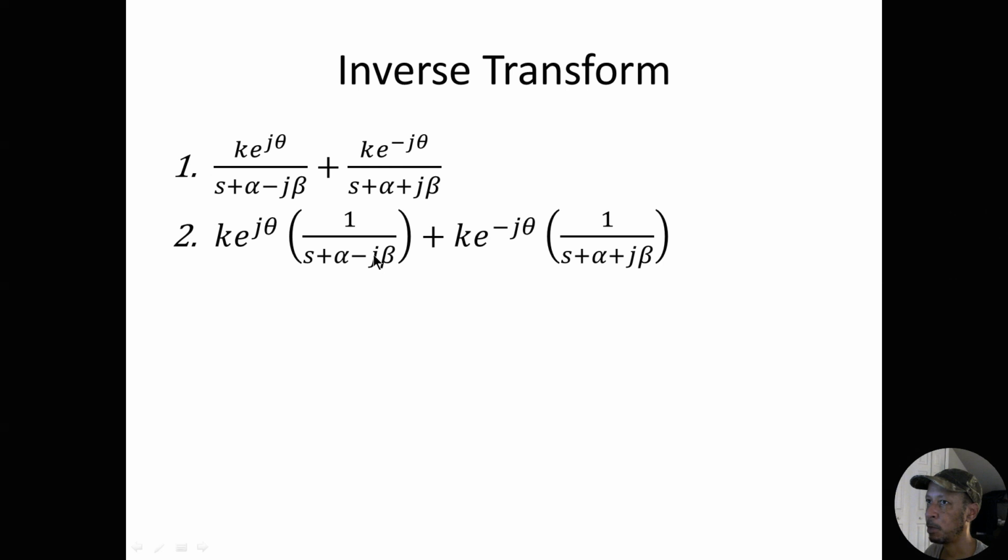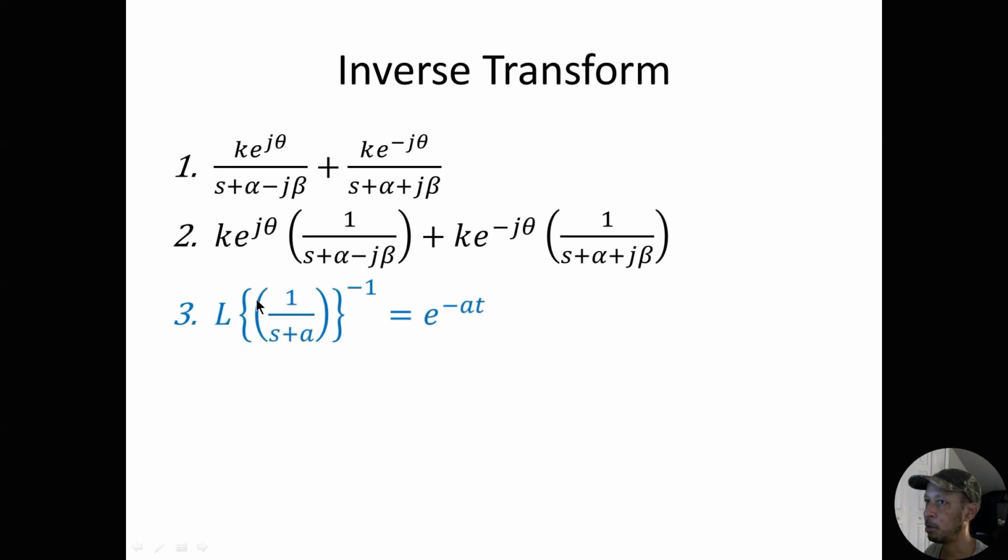Next, I've extracted the numerator on both sides, and then we have k e to the j theta times 1 over s plus alpha minus j beta plus k e to the negative j theta times 1 over s plus alpha plus j beta.